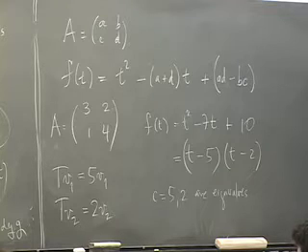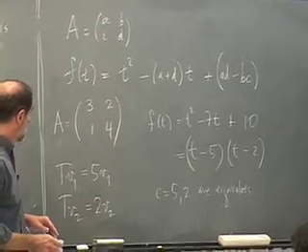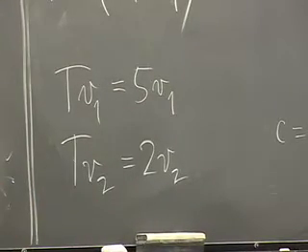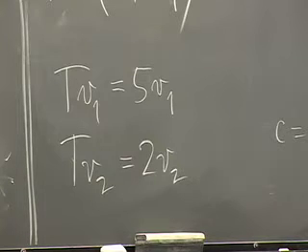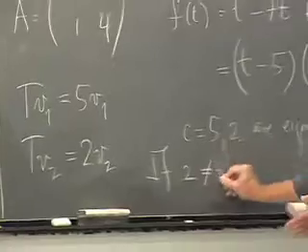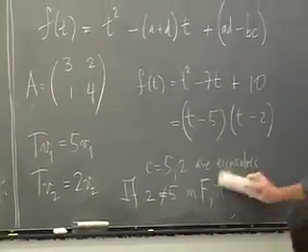Because if you apply T to one of them, it multiplies by 2, but if you apply T to the other, it multiplies by 5. So 5v1 can equal 2v1 only if 5 is equal to 2 or v1 is 0. Can 5 be equal to 2? No. So okay, good. If 2 is not equal to 5 in our field F, we get a basis.